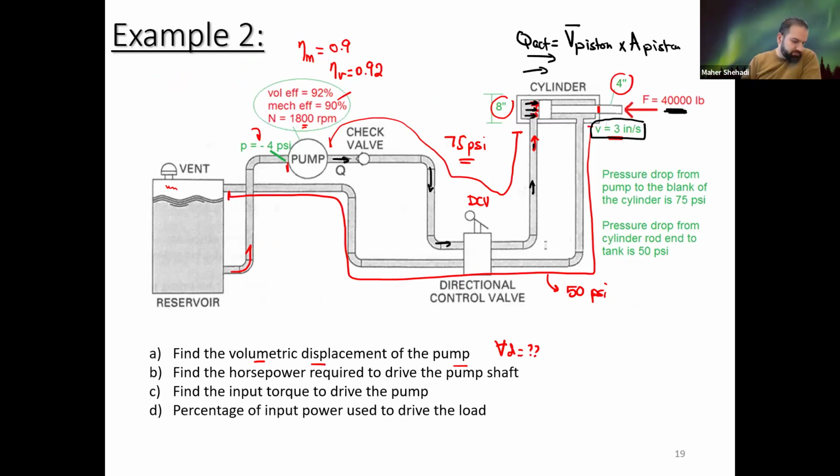You can use either the mechanical efficiency or the overall efficiency. For the mechanical, it was P for the pump times Q for the pump, divided by 1714, or Tn over 63,000. That's what we call the shaft power, correct?